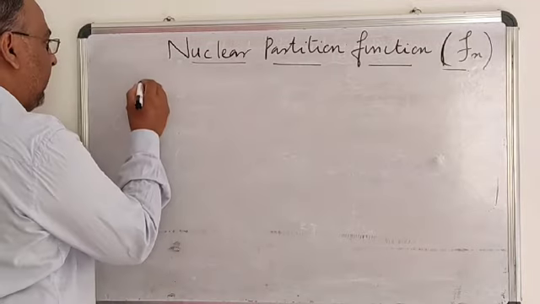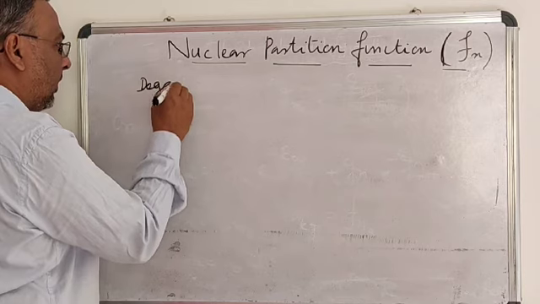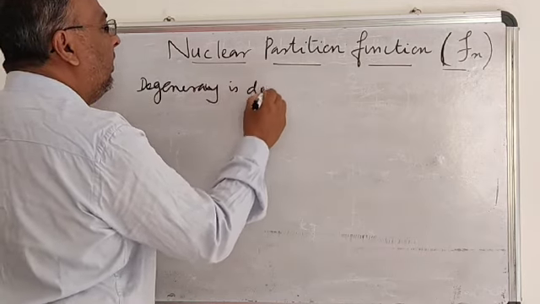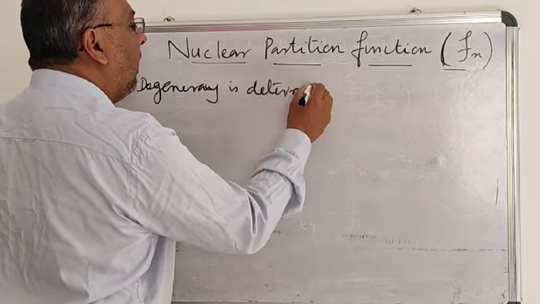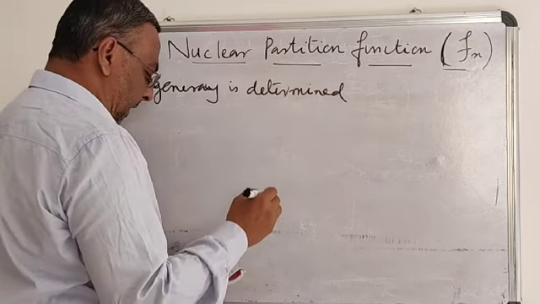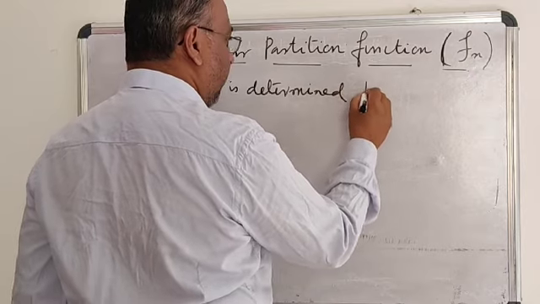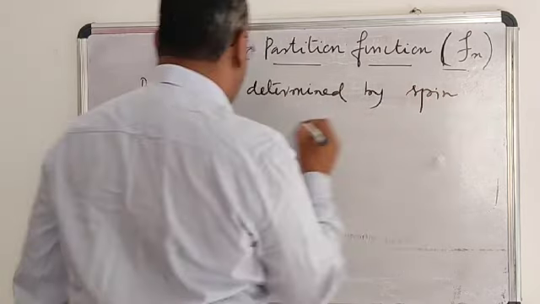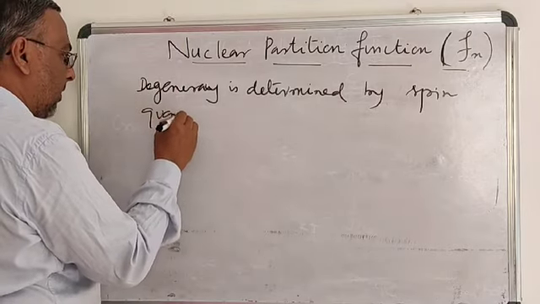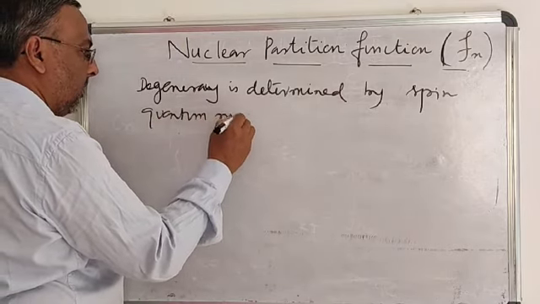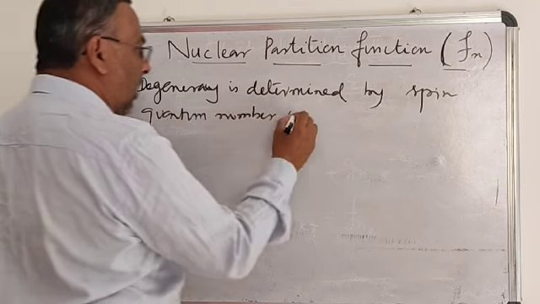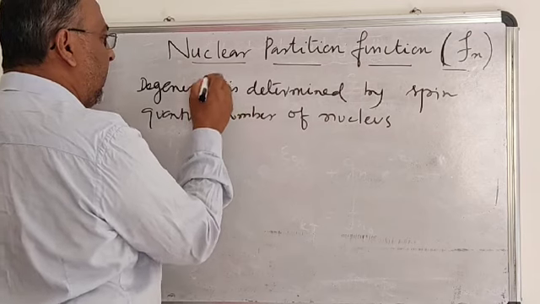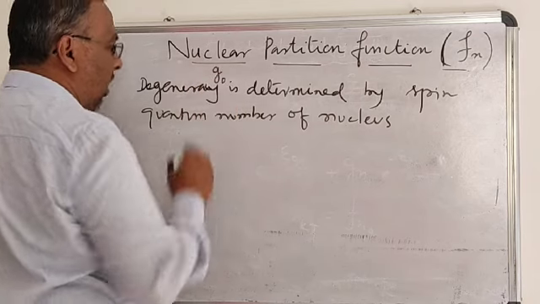That is, the degeneracy is determined by the spin quantum number of the nucleus, particularly of G naught.